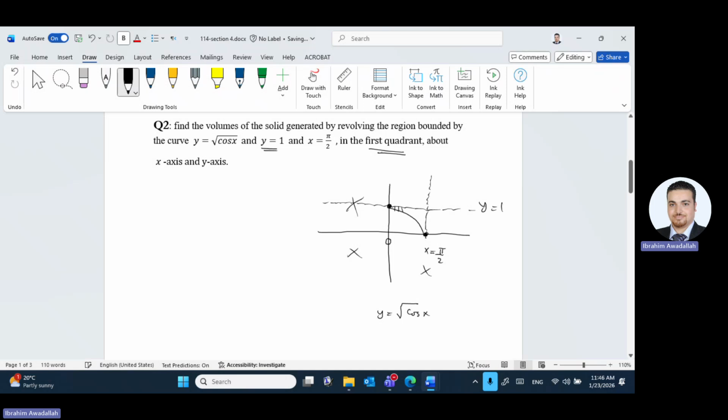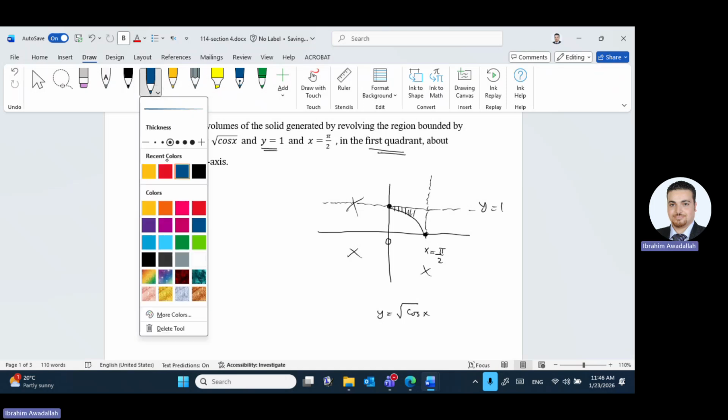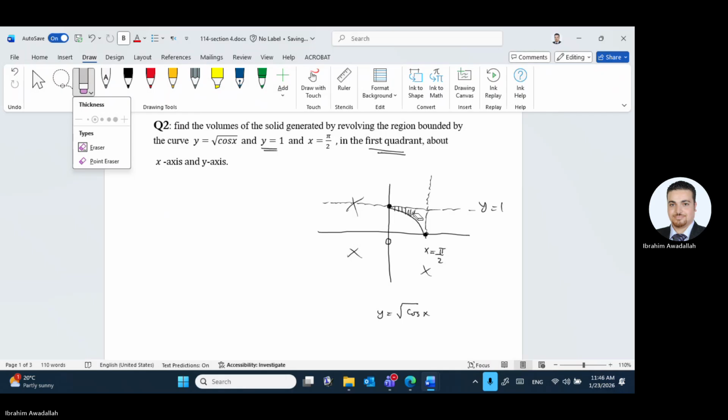This is my region. Different color is better. I think red is good. Oh, delete everything. One more time. This is my region, we say this one should be in red. No problem.